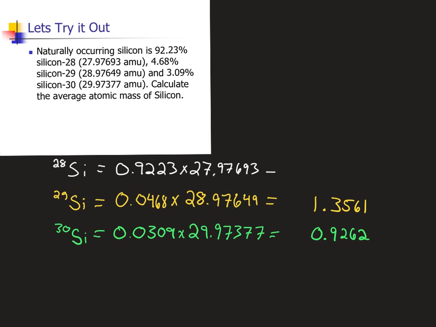And lastly, having the value of 25.8031. Add all those up.